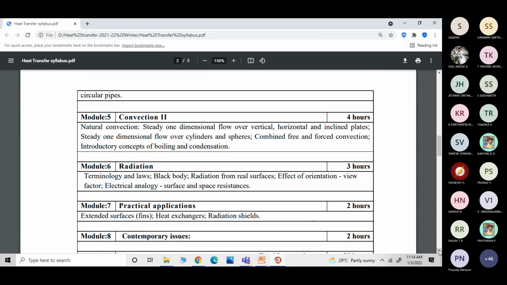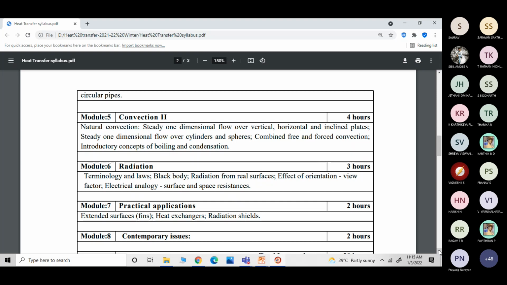There is one more number, the Rayleigh number, which is a product of Grashof number and Prandtl number, Gr Pr. We will be discussing the dimensionless numbers in the classes, especially before we start convection. Similarly, the concepts of boiling and condensation we will be discussing in module 5.